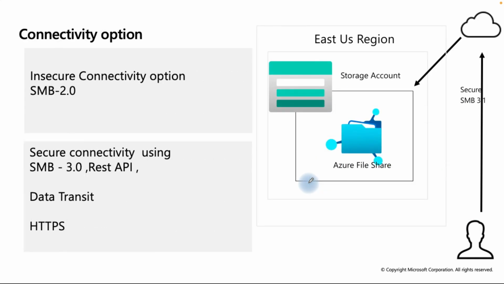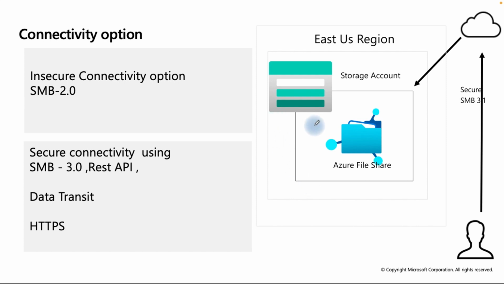There are two connectivity options available. One is insecure connectivity, where you can use SMB 2.0 and below and HTTP instead of HTTPS. The other is secure connectivity, using SMB 3.0 and above, the REST API, or data transit over HTTPS, Hypertext Transfer Protocol. Insecure connectivity means you can directly connect to your Azure files, but nowadays it is not supported.